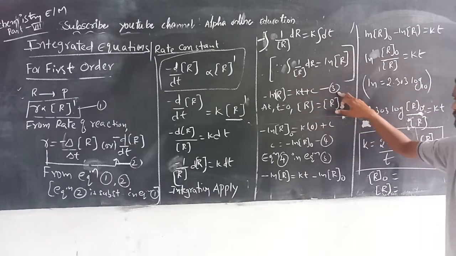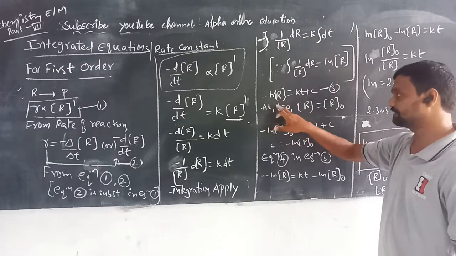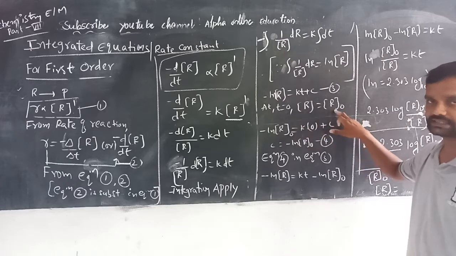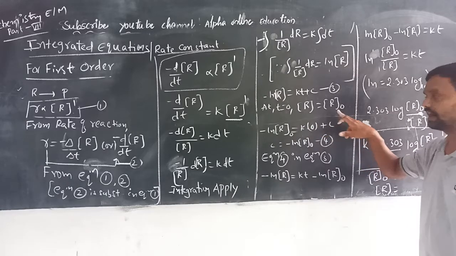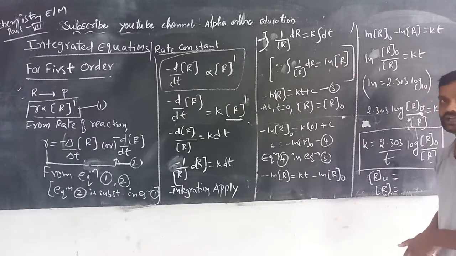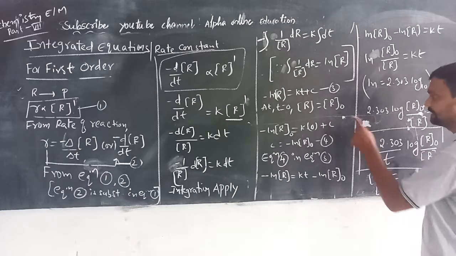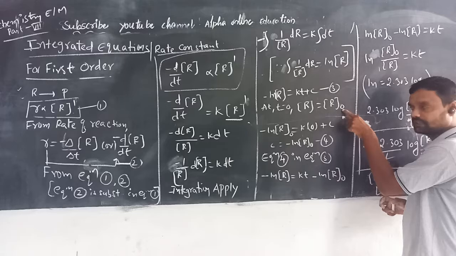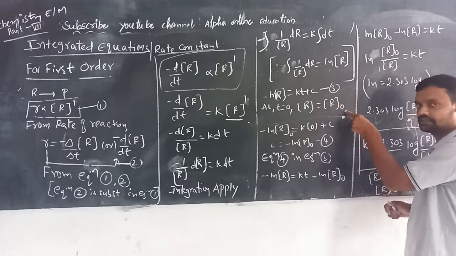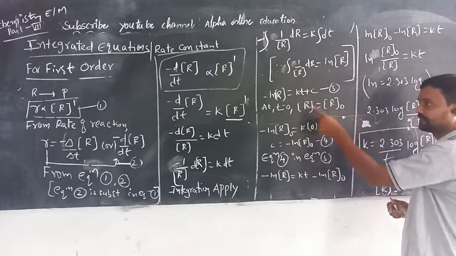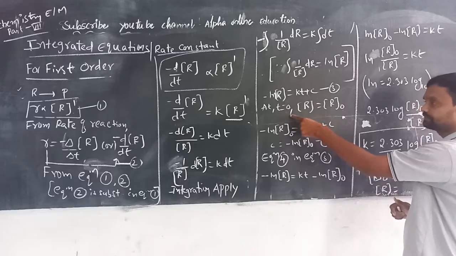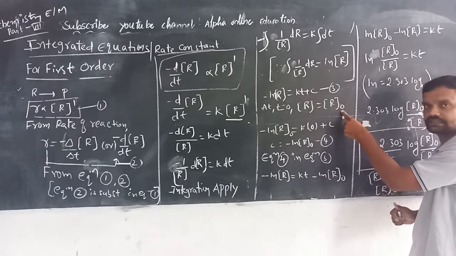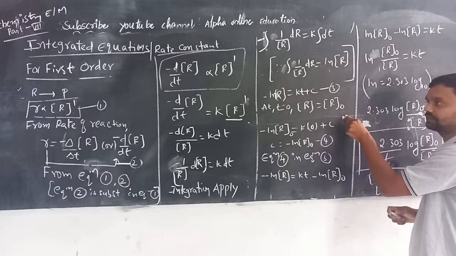Same concept: when t is equal to 0, the reactant concentration is taken as R naught, that is, the reactant concentration at zero time, as already studied in the zero order reaction. So if t is equal to 0, R is equal to R naught.